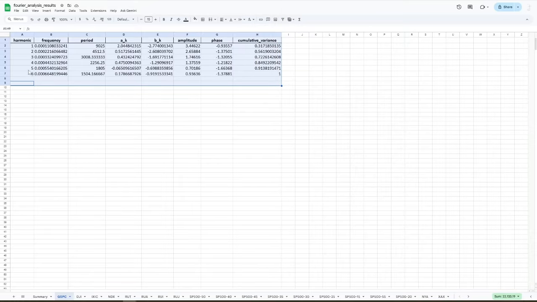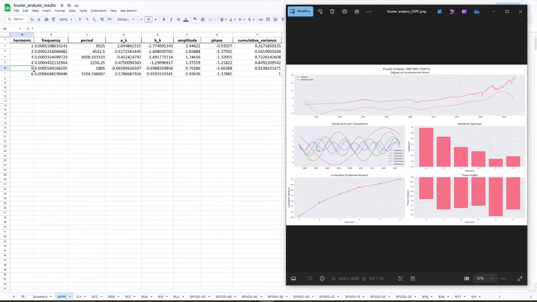Okay, harmonic 5. We see here the harmonic 5. It's the blue, and that's the frequency that we have, and the amplitude, which is 1,800 days, which is 7 years, and we see how the cyclicality works, and the years are on the x-axis.